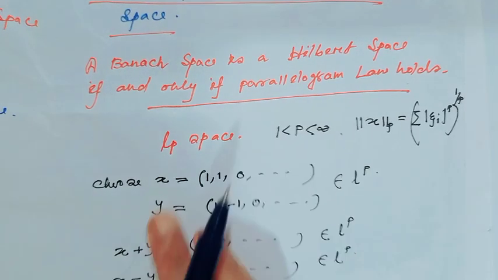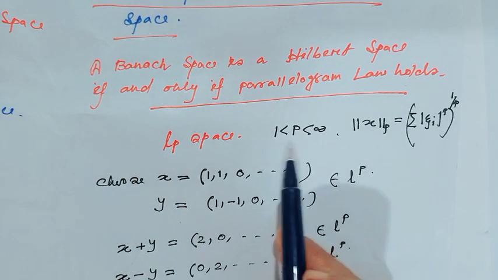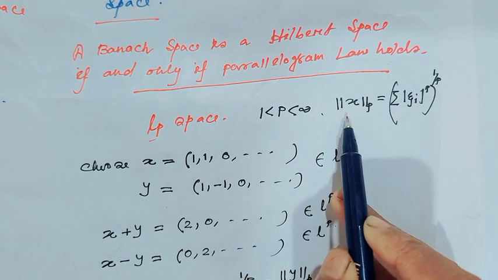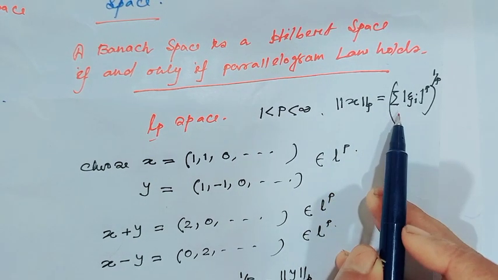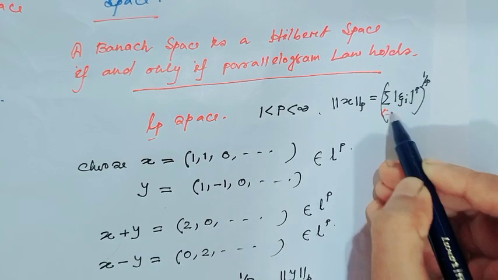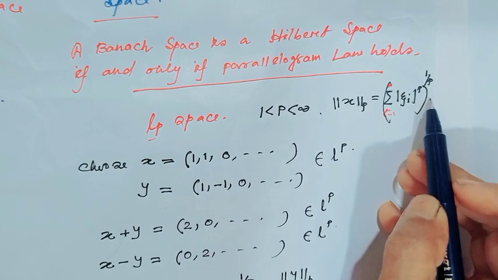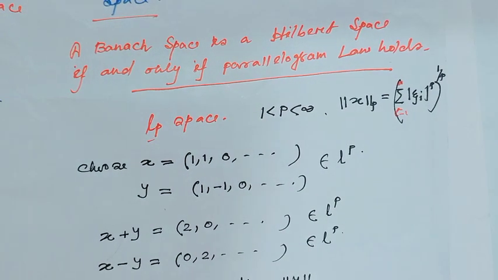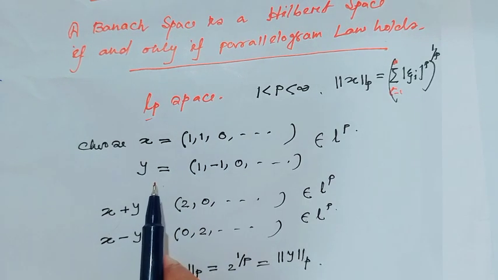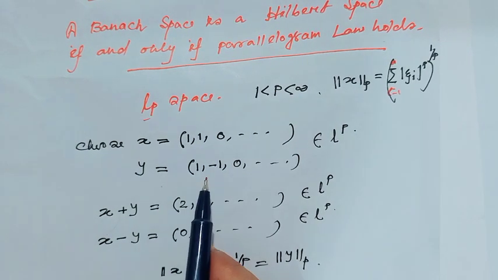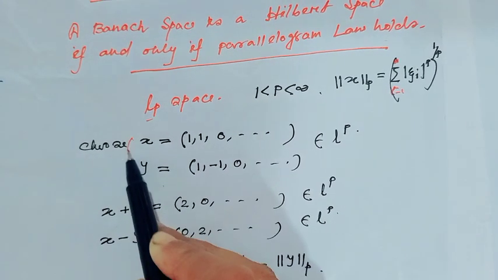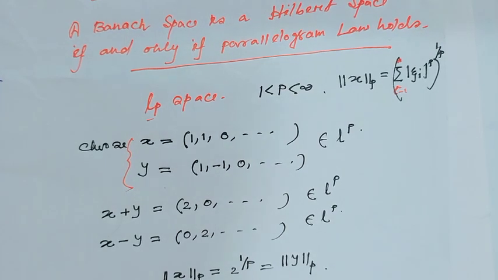Now consider the l^p space. We all know the l^p space is defined with the norm of x in p equal to the summation i equal to 1 to infinity of absolute value x_i to the power p, all to the power 1 over p. Choose one sequence x equal to (1, 1, 0, 0, ...) and another sequence y equal to (1, -1, 0, 0, ...). Consider both sequences belong to l^p.